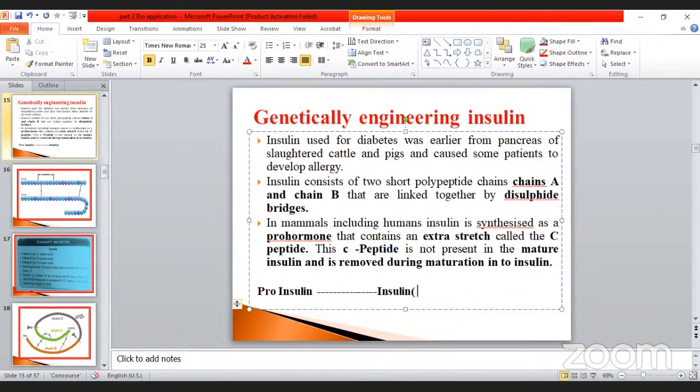Presence of C peptide, absence of C peptide. You know the difference between these two.